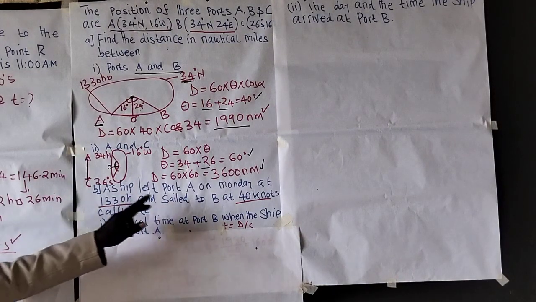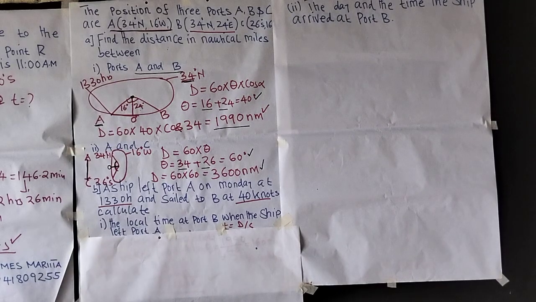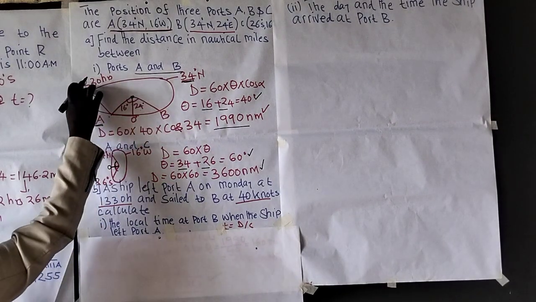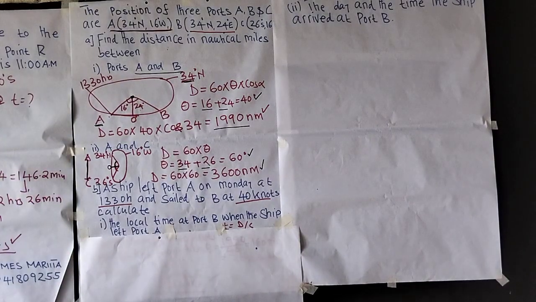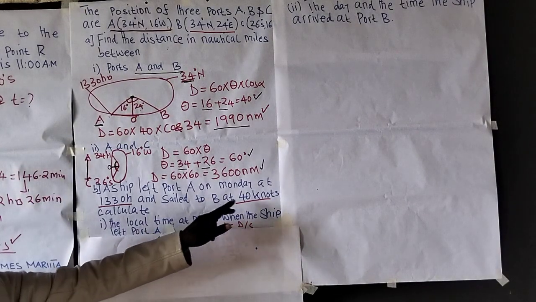A ship left port A on Monday at 13 hours and sailed to P at 40 knots.